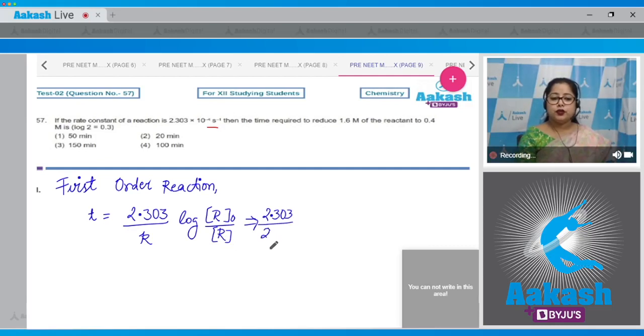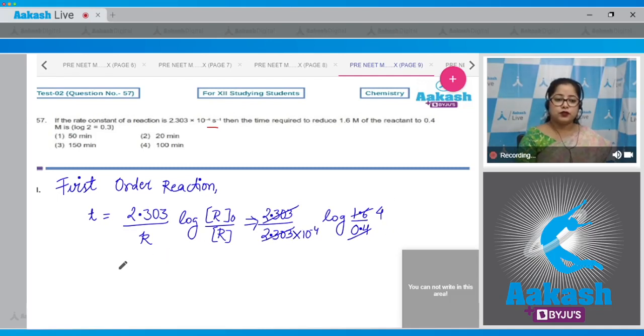2.303 upon 2.303 × 10^-4, since the value of rate constant is given here, then log initial concentration is 1.6 and the remaining concentration is 0.4. Now student, this 2.303 and this cancel out each other. This is equal to 4.